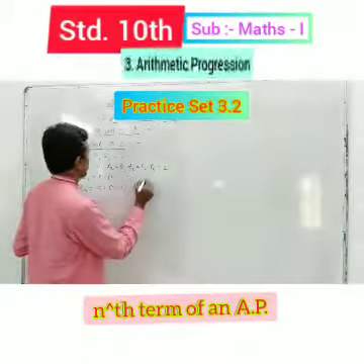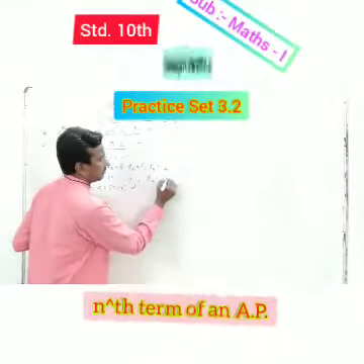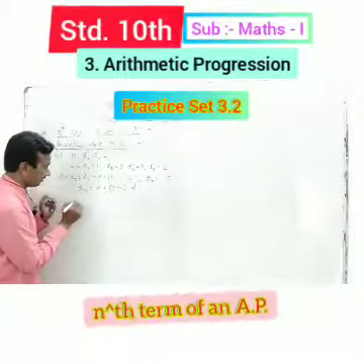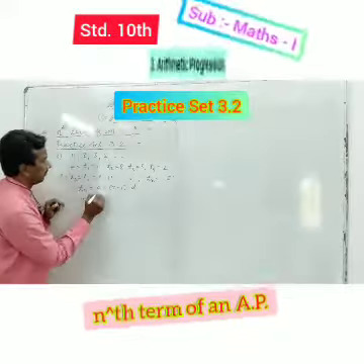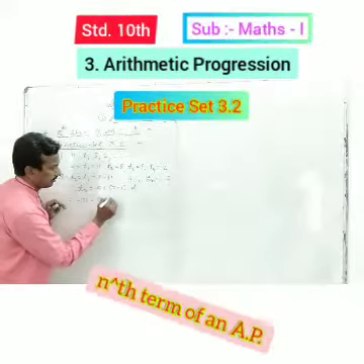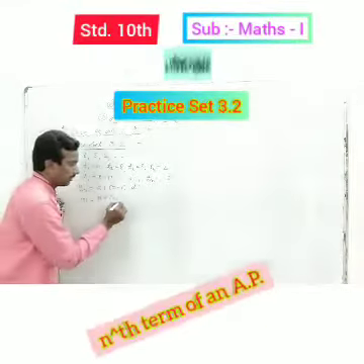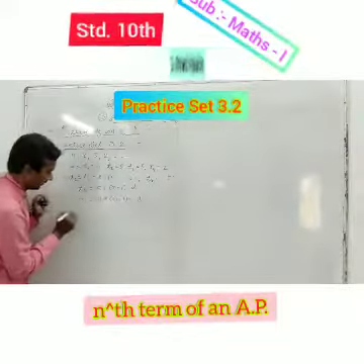We can assume Tn is minus 151. Put the values. Tn is minus 151, the value of A is 11, plus n minus 1 into D. We have to find the value of n. D is minus 3.